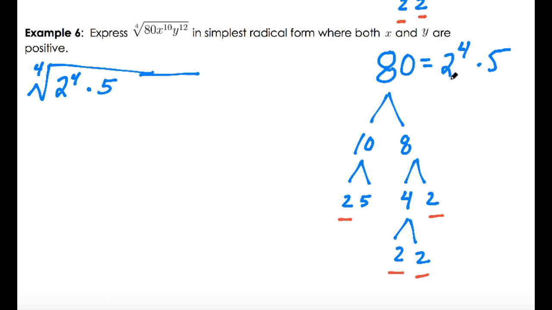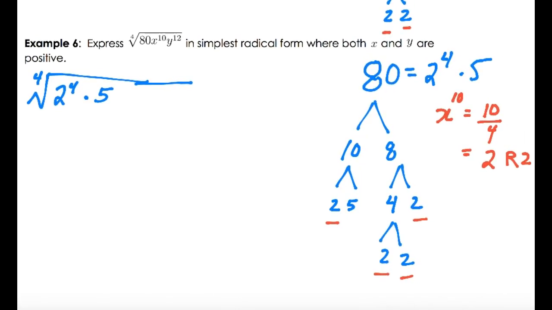And we're going to look at our variable x to the 10th now, and we're going to divide that by 4. 10 divided by 4 is equal to 2, and you're going to have 2 left over, so remainder 2. So watch what happens.